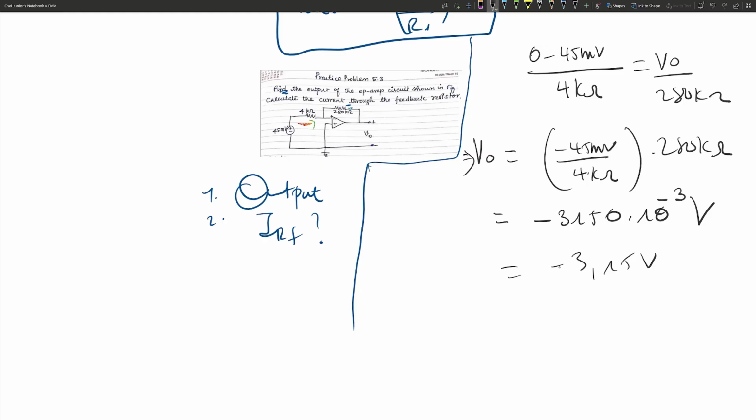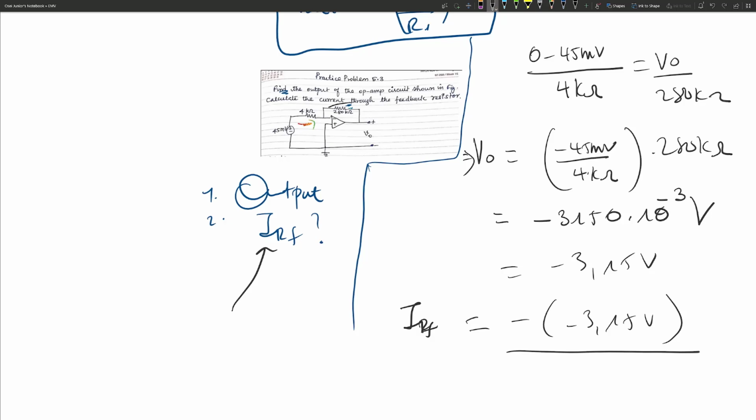Because the current is flowing in the opposite direction, we can derive IRF, so number 2 here, as minus V0, so minus minus 3.15 volts, divided by the resistor, 280 kilo ohm.